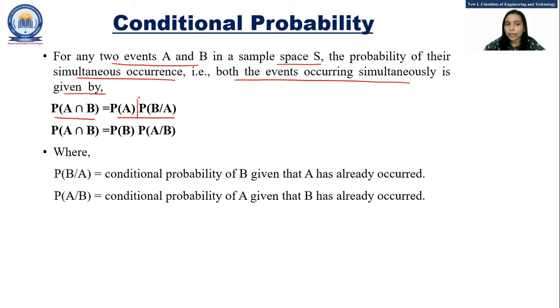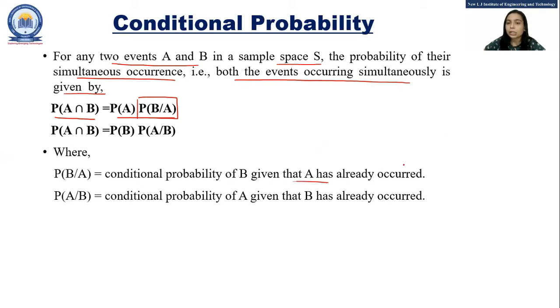Now, how can we read this P(B/A)? This P(B/A) is nothing but the conditional probability of B given that A has already occurred.